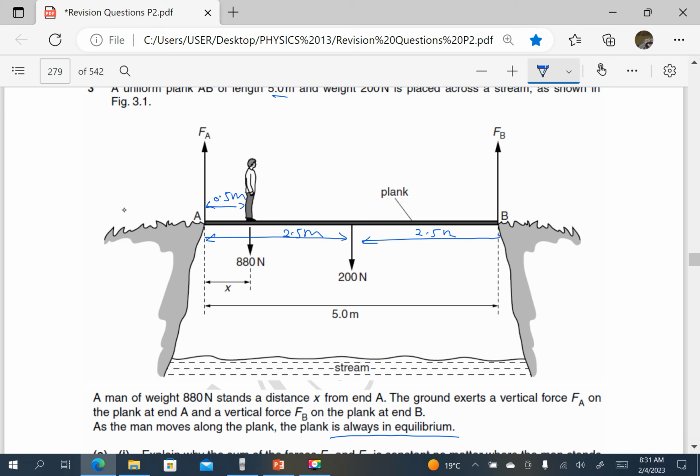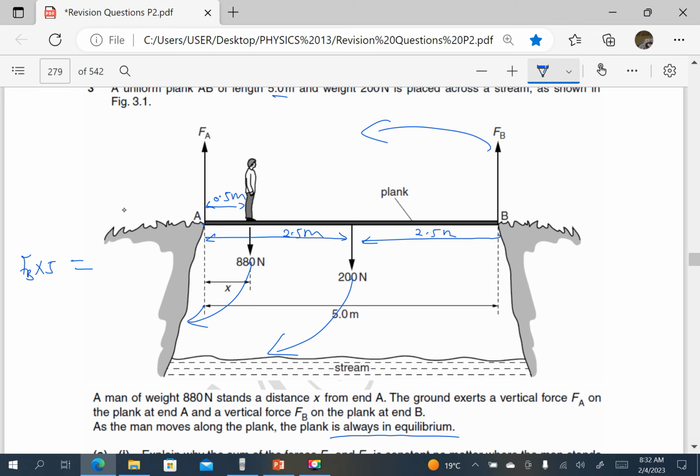So we can take moments about A. If I take moments about A, Fa has no moment. It is only Fb with a moment, which will be Fb times its perpendicular distance, which will be 5. The 200 will have a clockwise moment, and Fb will have an anti-clockwise moment. So the anti-clockwise moment will be Fb times this perpendicular distance 5.